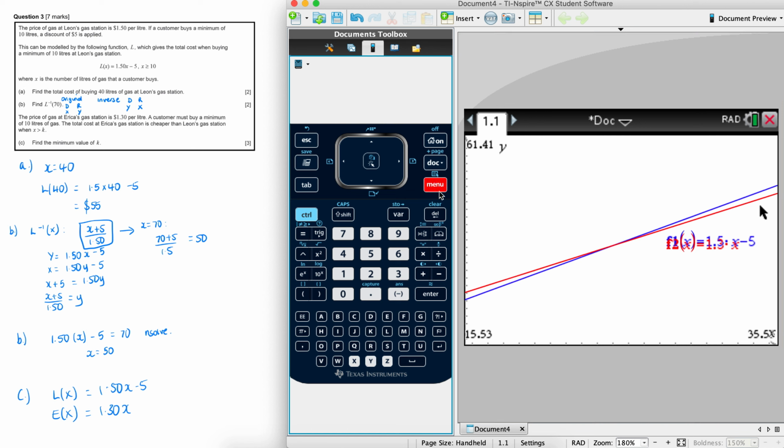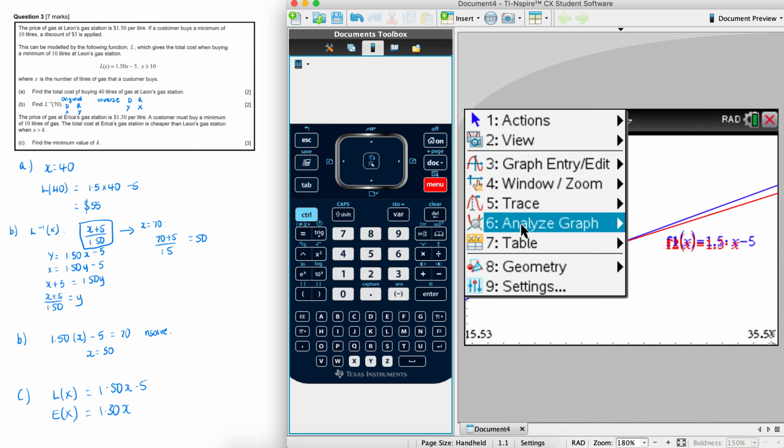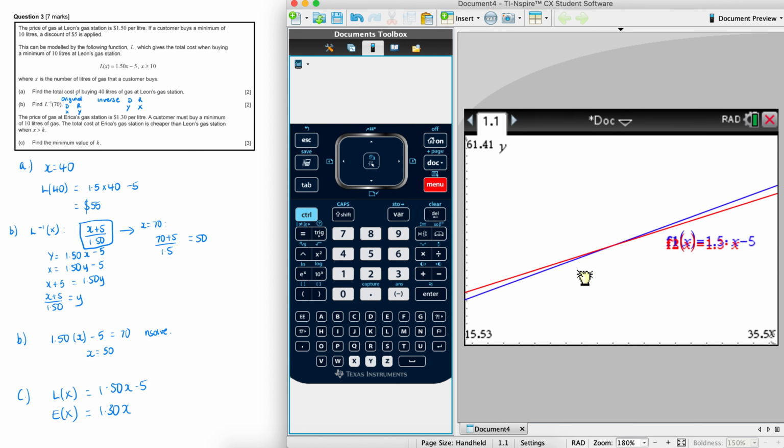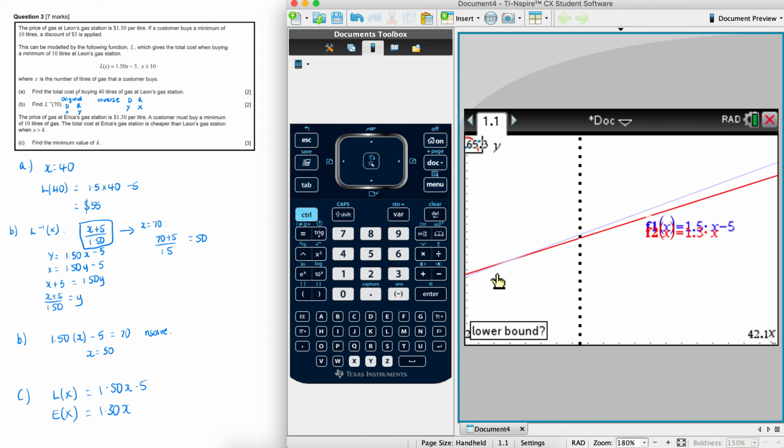So to find that point, we're going to analyze the graph and find the intersection. We've got the lower bound somewhere down here, the upper bound somewhere down here. Just picking something either side, we can see there that it happens at 25. That's what the question's asking us to find.